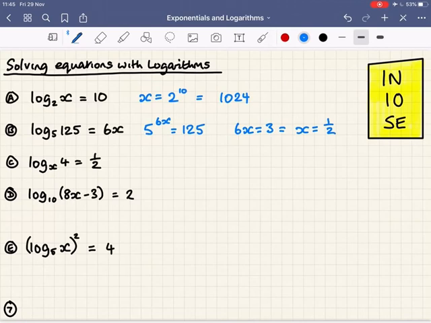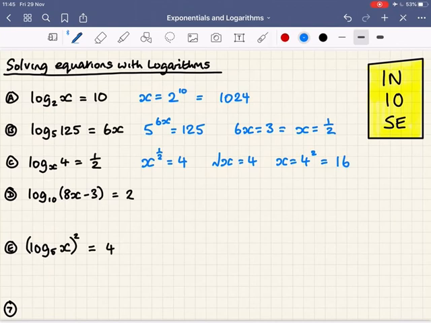Next one, x to the power of a half must equal 4. In other words, 4 is the square root of x. Root x is 4, so x must equal 4 squared, which is 16. We can have a more complicated algebraic expression in the logarithm.